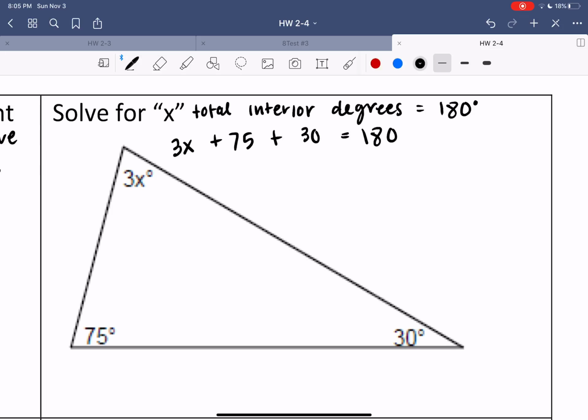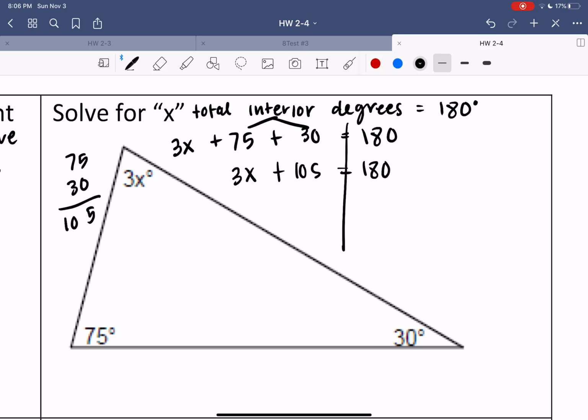So when we combine our like terms, here's our like terms, 75 and 30, we're going to have 105, so 3x plus 105 equals 180. And then from here, we can subtract 105 from each side.